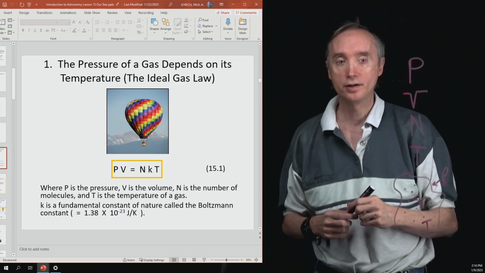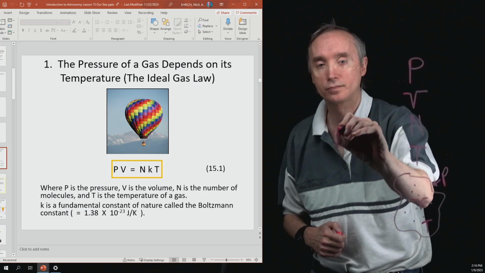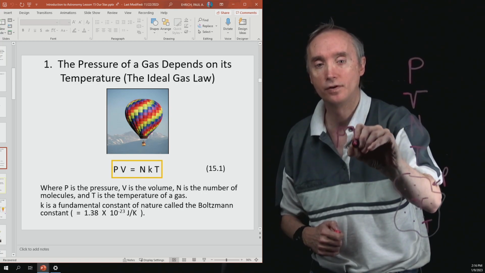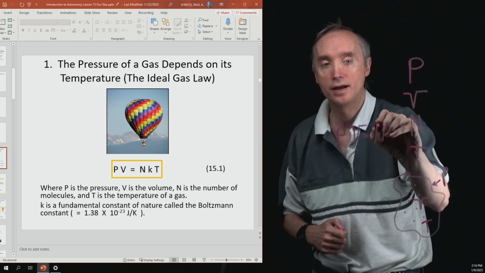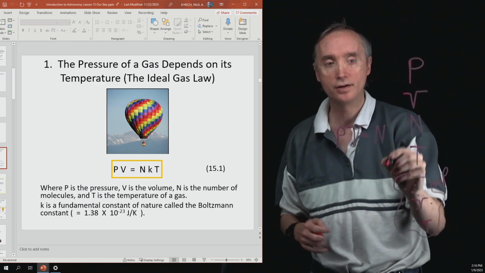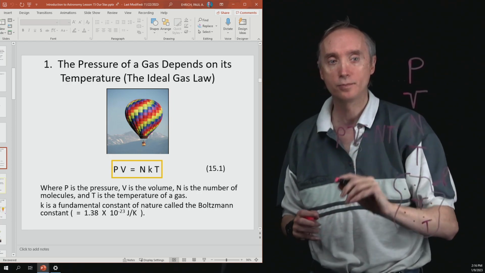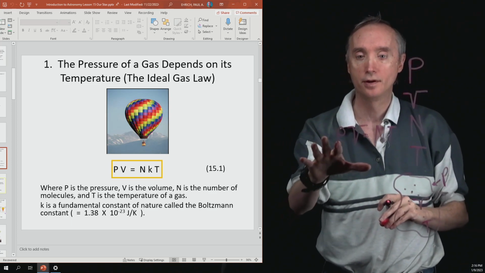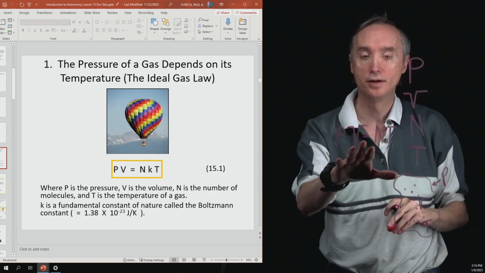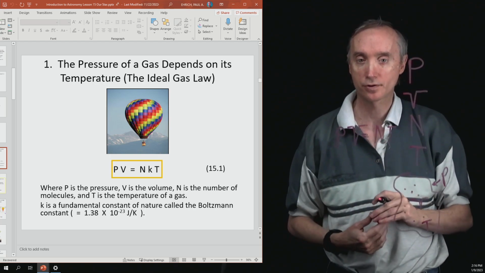The formula says that pressure times volume is equal to N. Now we can get rid of the K and just say that it's NT. For our intents and purposes, this is the formula that we're going to work with: pressure times volume is equal to the number of gas molecules times temperature.